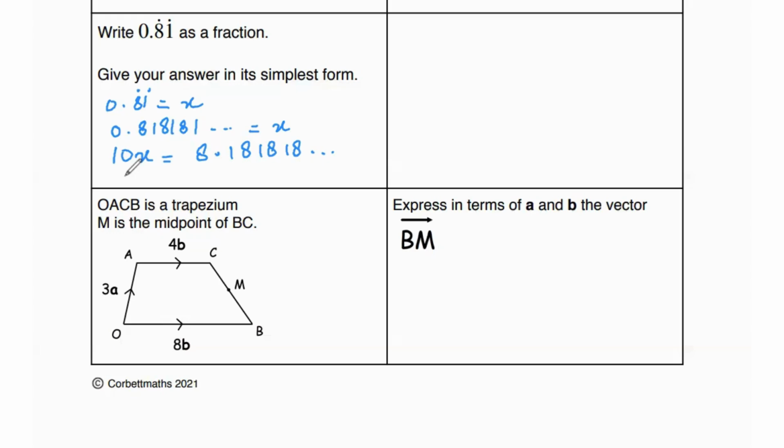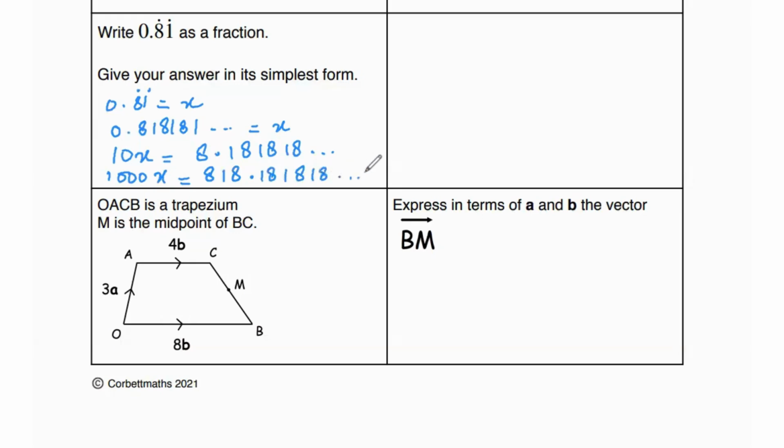Now, for us to make sure that we're able to get a fraction, I'm going to multiply x with 1,000. So 1,000x gives us 818.1818 and so on.